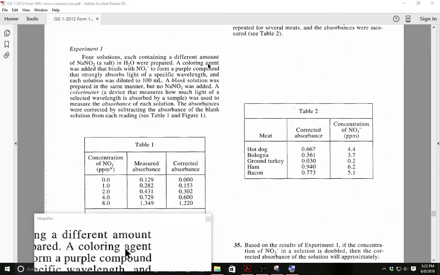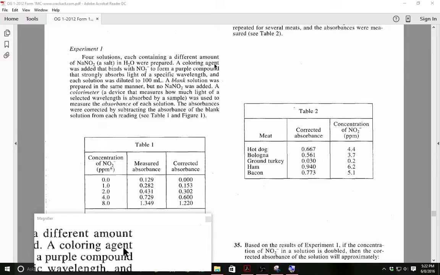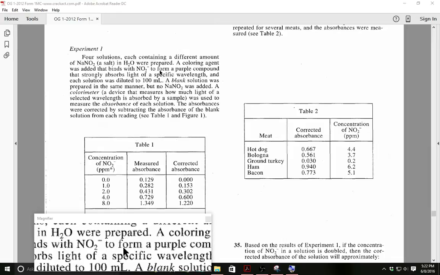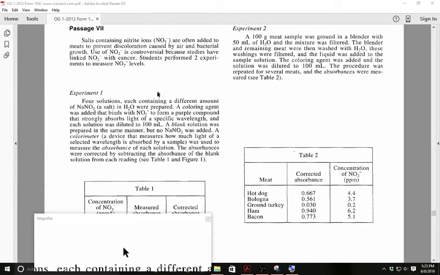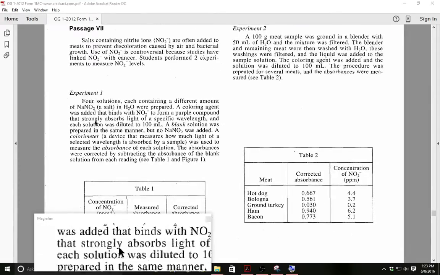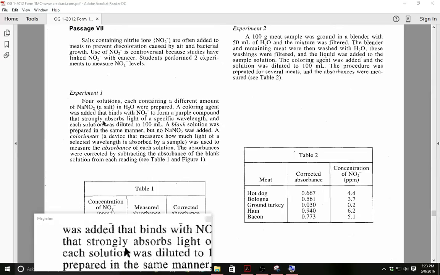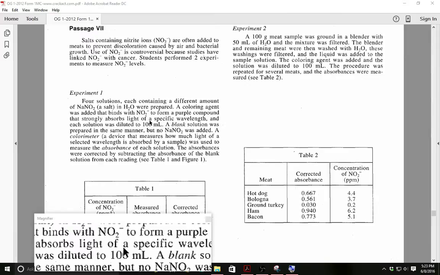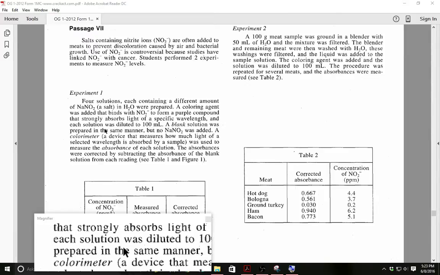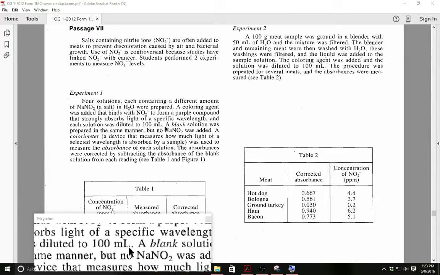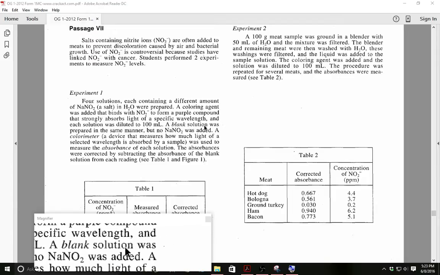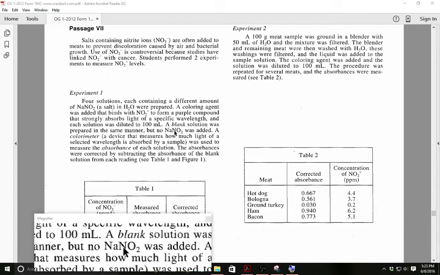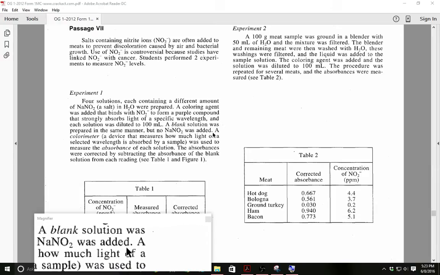A coloring agent was added that binds with nitrite to form a purple compound that strongly absorbs light of a specific wavelength, and each solution was diluted to 100 milliliters. A blank solution was prepared in the same manner, but no sodium nitrite was added.